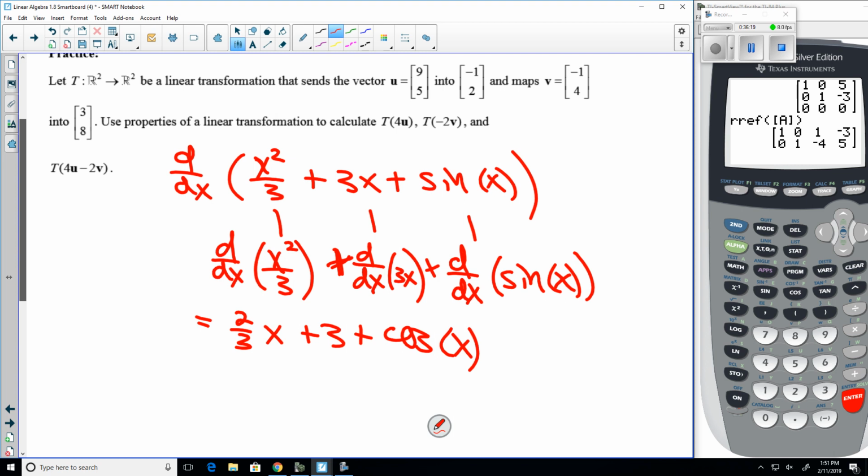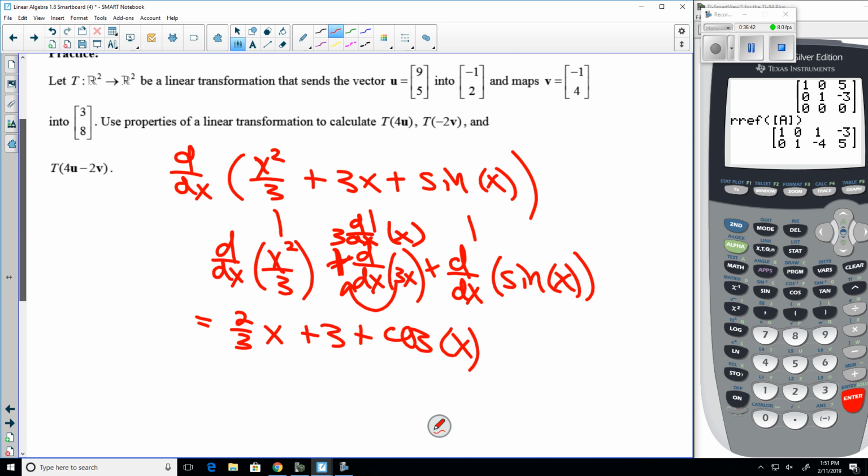And then, can you factor out constants when you take derivatives? Yeah. So here, I could have factored out this 3, called it 3 times the derivative of x. So derivatives have this linearity property to them.